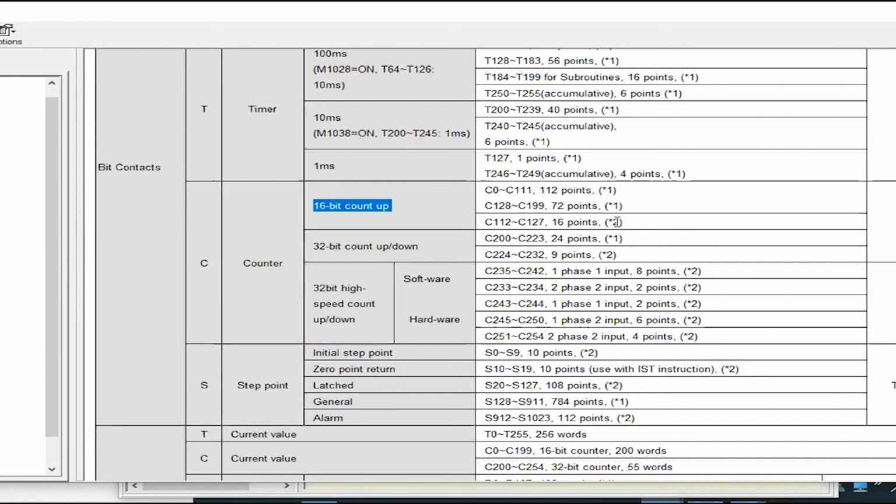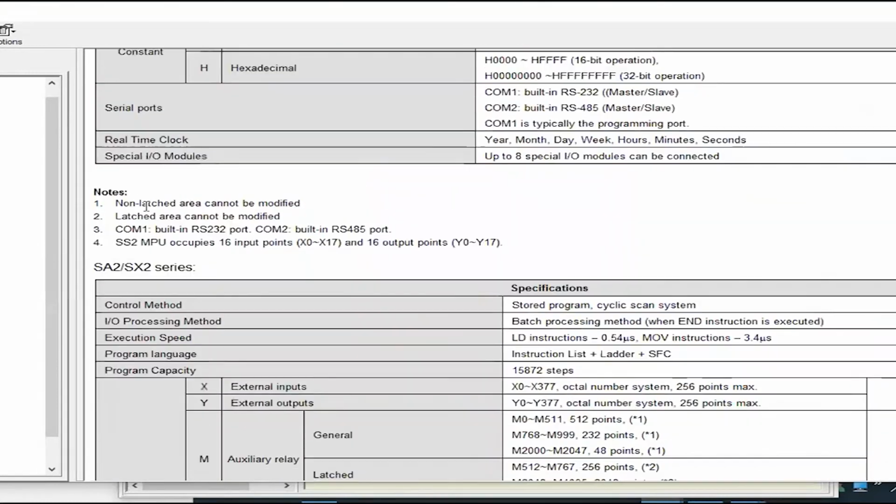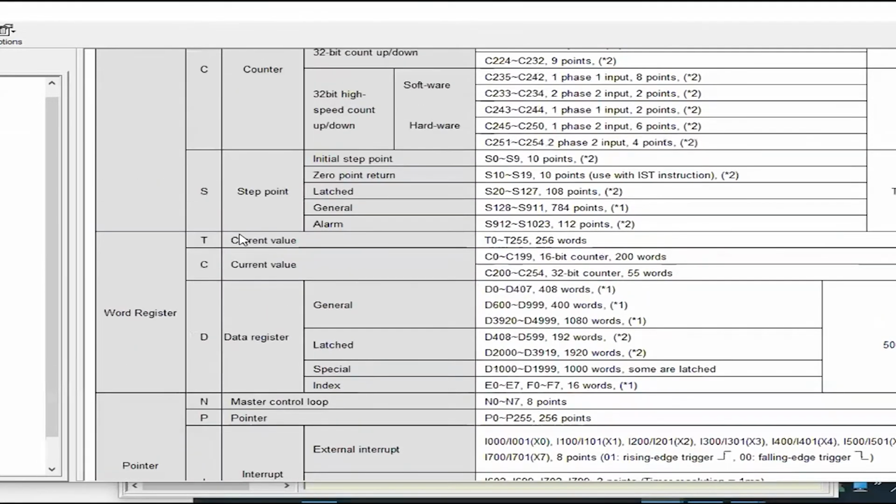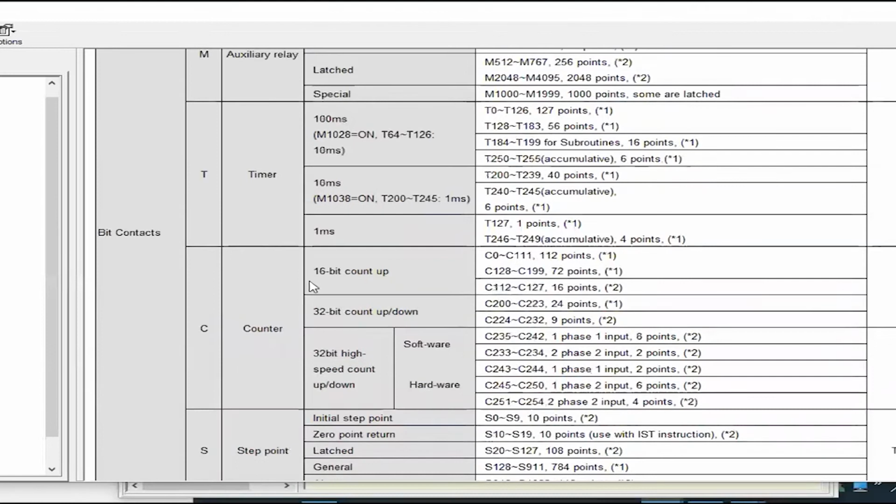So what is this star 1 and star 2? If you go down, star 1 is the non-latched, star 2 is the latched. So that means in these 16-bit up counters, C0 to C111 as well as C128 to C199 are the unlatched counters, and C112 to C127 are latched counters.